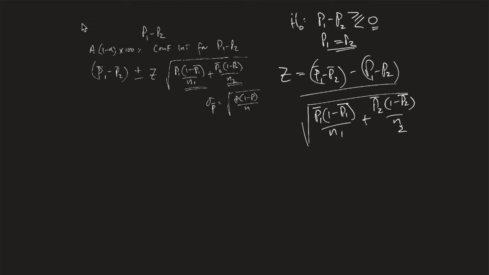So it's the same situation here where we assume the population proportions would be equal based on a null hypothesis that says the difference is 0. However, our sample proportions will not be equal to each other. So we cannot use the individual sample proportions because they will not be the same.